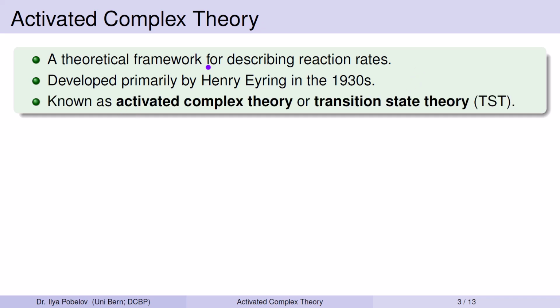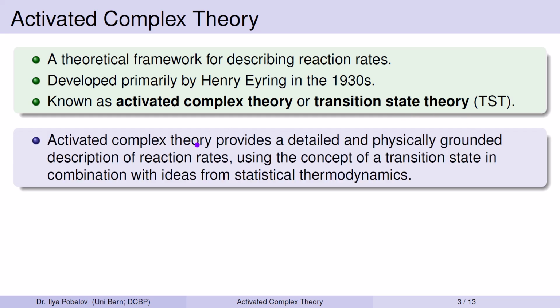This theory is known as activated complex theory or transition state theory. It provides a detailed and physically grounded description of reaction rates using the concept of a transition state in combination with ideas from statistical thermodynamics.